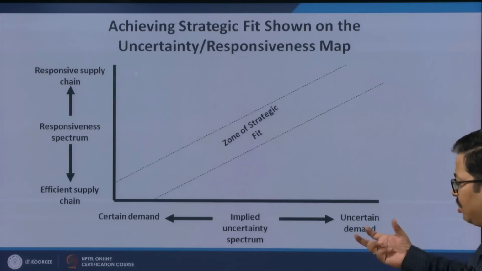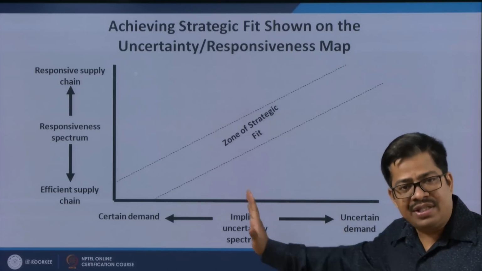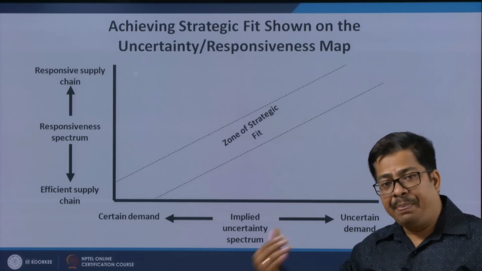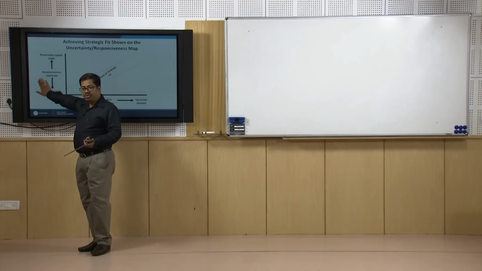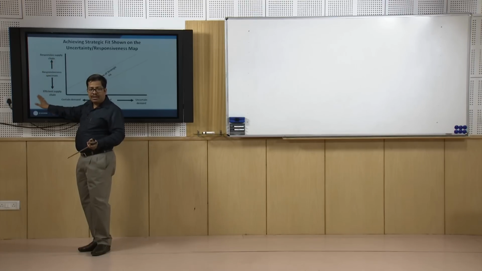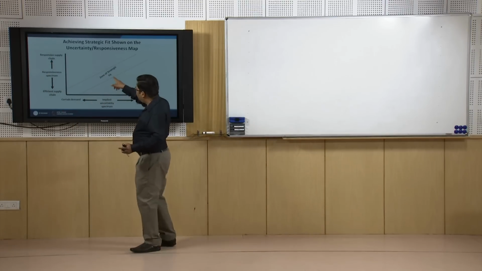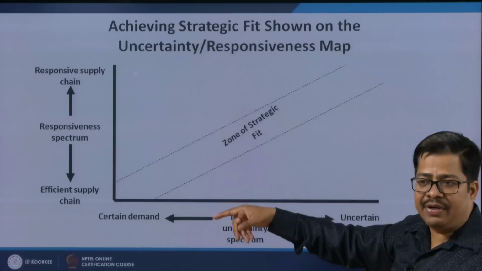And when you know how your position is changing, appropriately you need to update your supply chain capabilities, because then only you will remain in the zone of strategic fit.